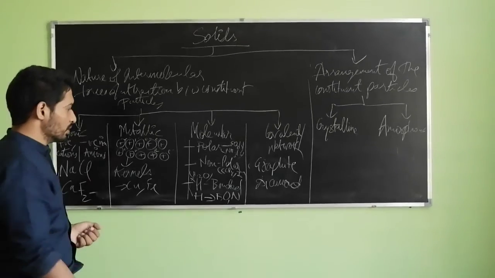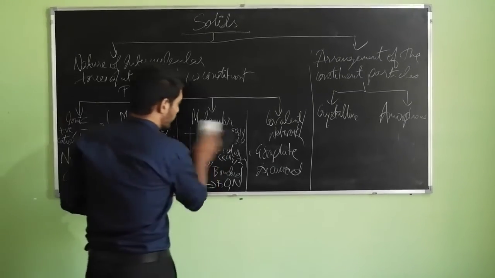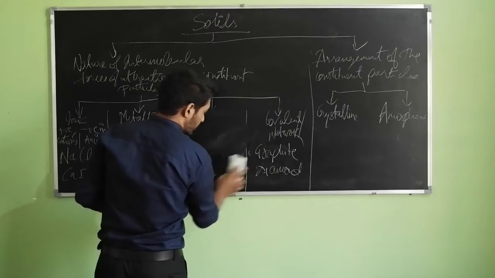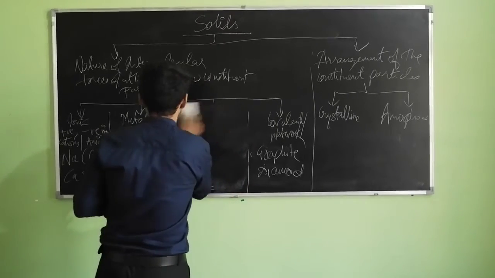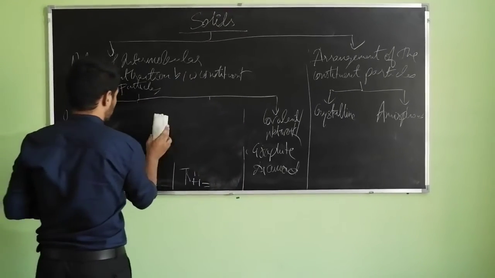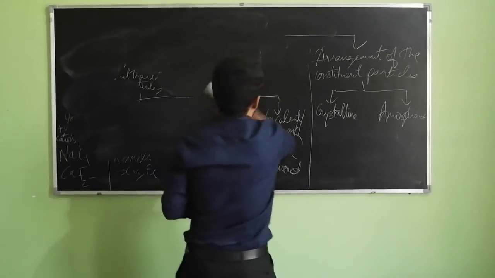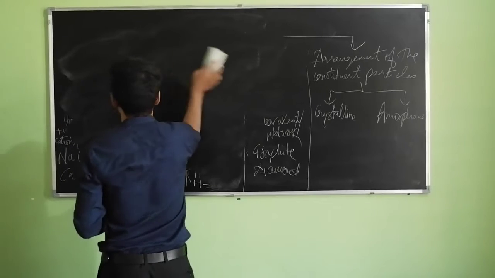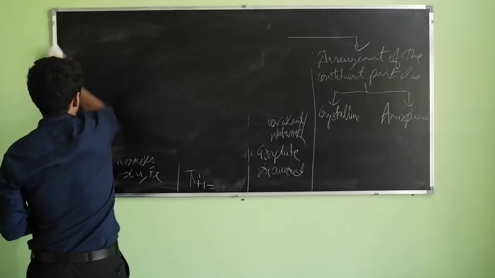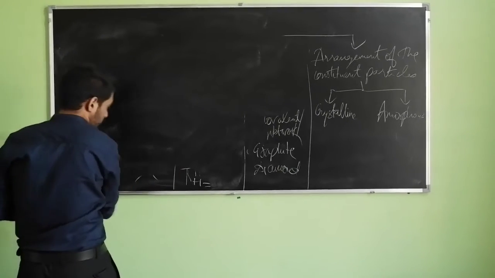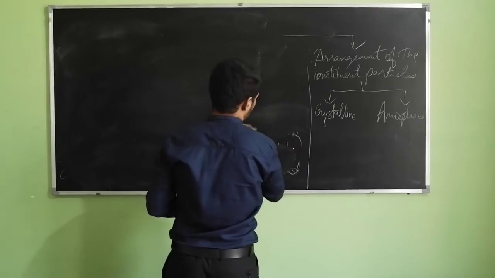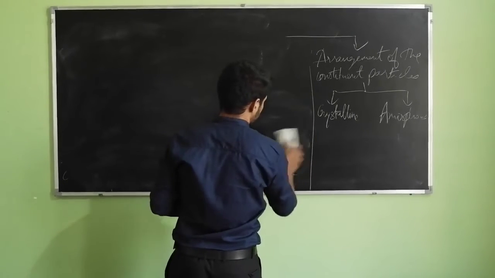Perfect. Now we want to discuss graphite and diamond. This is important. I want to give you a feel of the structural difference between graphite and diamond, because the atom that they have is the same, that is carbon.